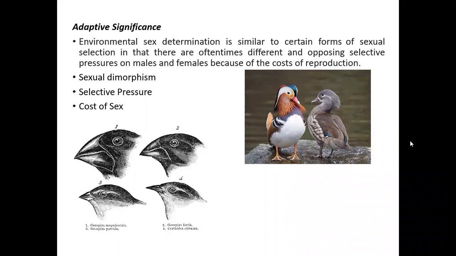Certain environmental conditions differentially affect each sex, such that it would be beneficial to become one sex and not the other in the same species. This is especially pertinent for sessile organisms, which cannot move to a different environment.